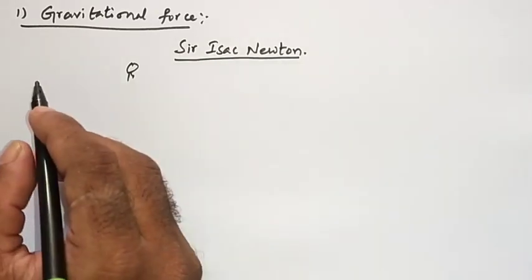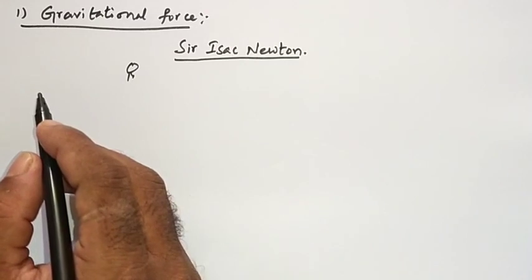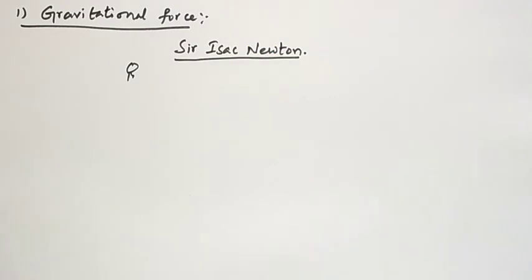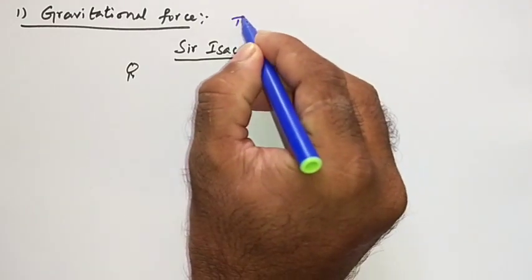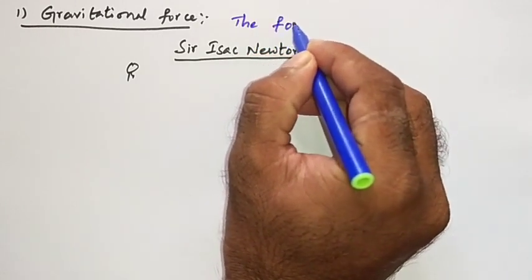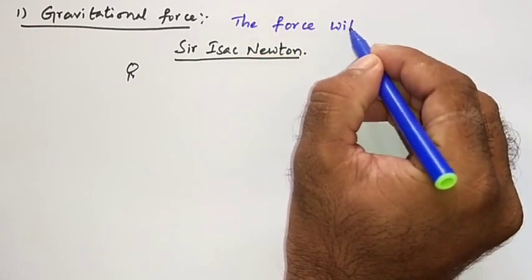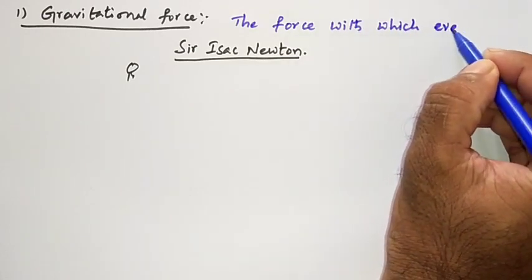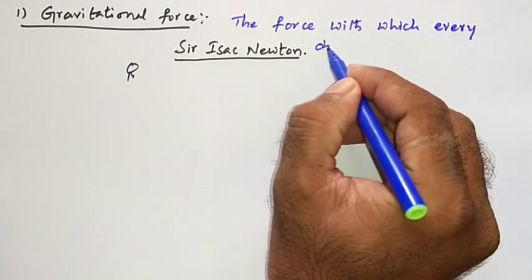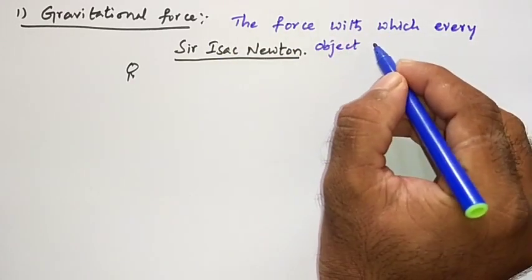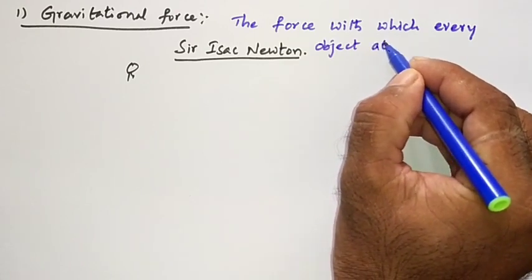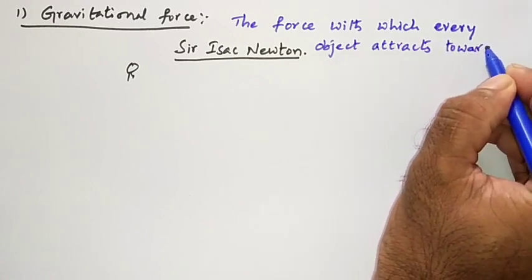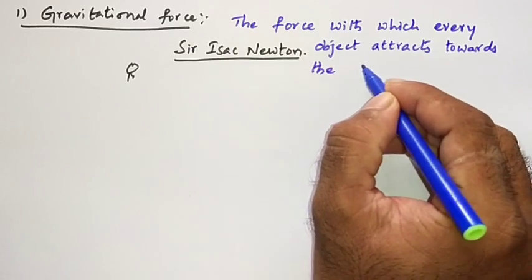Now what is this gravitational force? It is defined very simply. Listen carefully. It is defined as the force with which every object attracts towards the center of the earth.